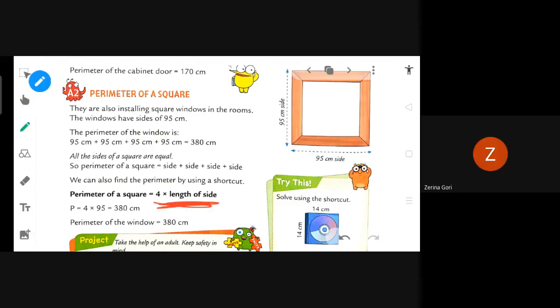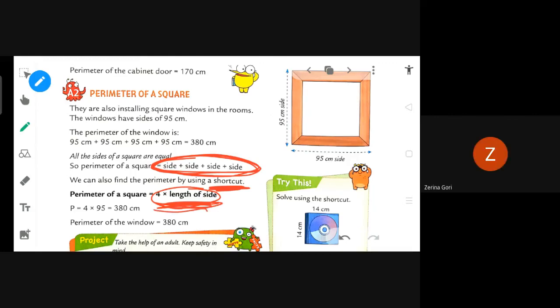This is not the shortcut: side plus side plus side plus side. And here again we are multiplying 4 by the length, which is the shortcut. Ma'am, here it says 4 multiplied by length of side. हाँ तो side की length होती है वो, and in that video they have written in the shortcut only side. Both are the same. But what is given in the textbook, we should follow that.